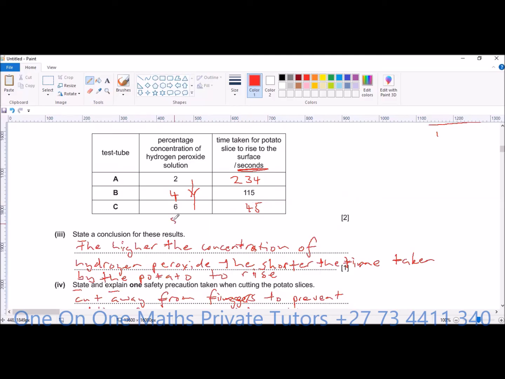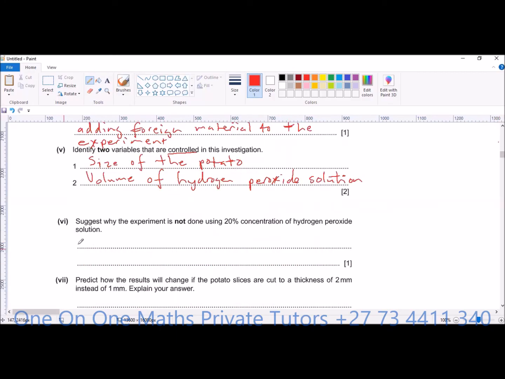What if it's 8? It's supposed to be a very low number, like maybe 2 seconds. Now when it's 20, it will be immeasurable. All right, so the time at 20% is too short to be measurable.